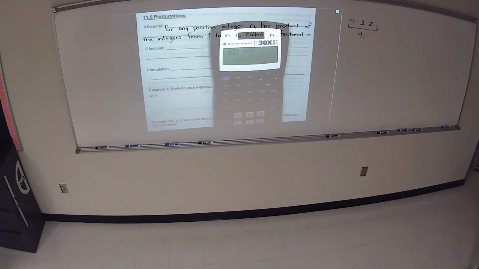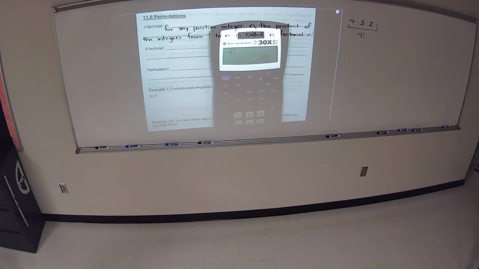The one that you're concerned with right now is that third one. So if you press the over arrow until that has the line underneath of it, and then press equals or enter, it's going to bring that symbol in here for you. And if you hit enter again or equals again, there's your answer. 4 times 3 times 2 times 1 is 24.